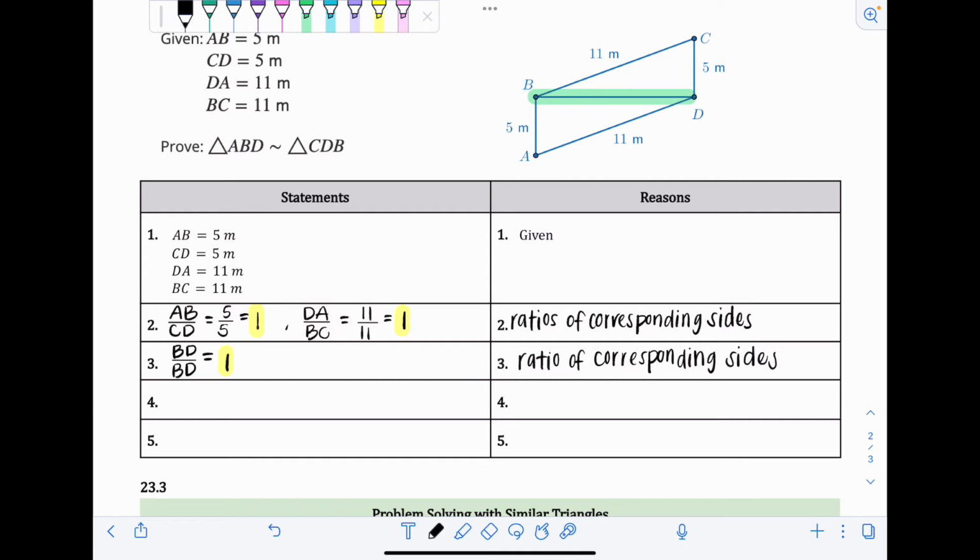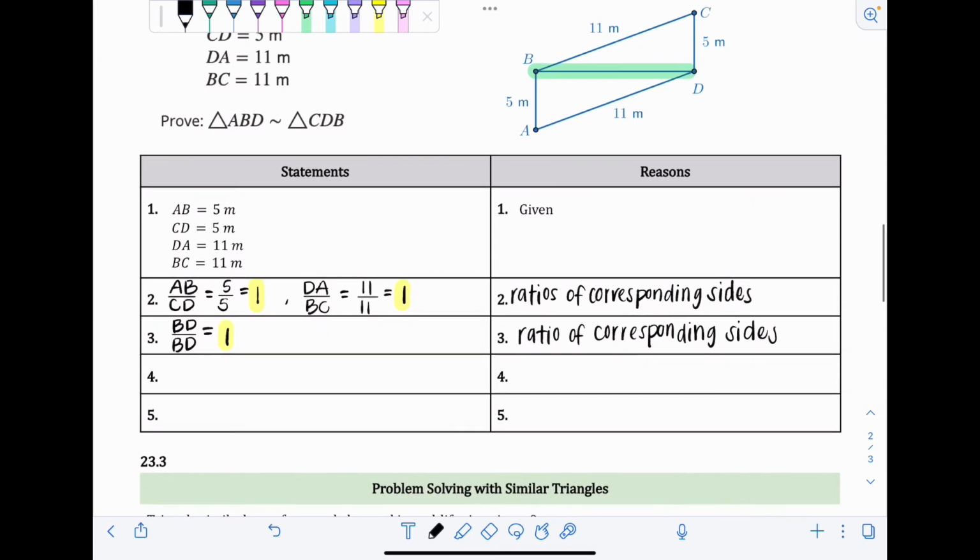And then for 4, we just need to create a statement that shows all of their ratios are equal to each other. We know we got 1 for each of them, so if they're all equal to 1, then they must all be equal to each other. So we can say AB over CD, that was the first ratio, is equal to the second one, DA over BC.